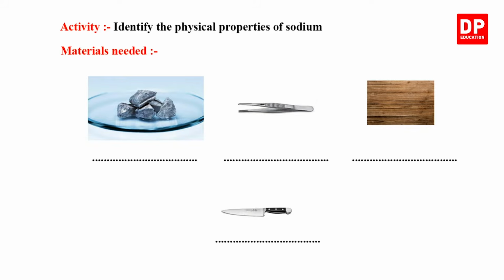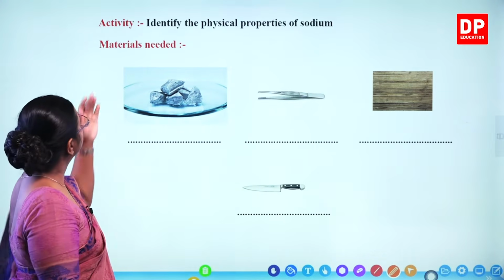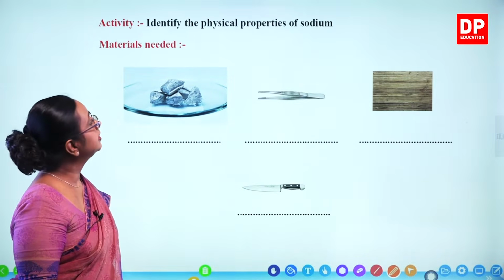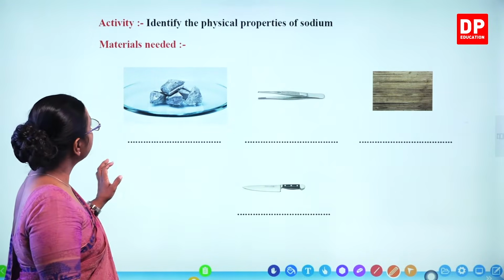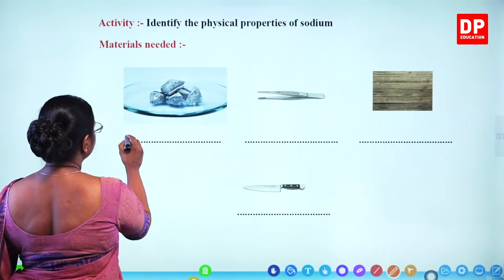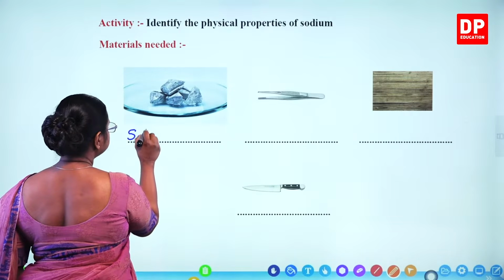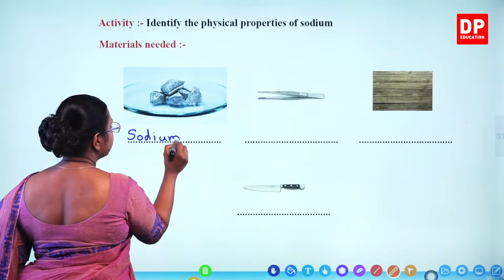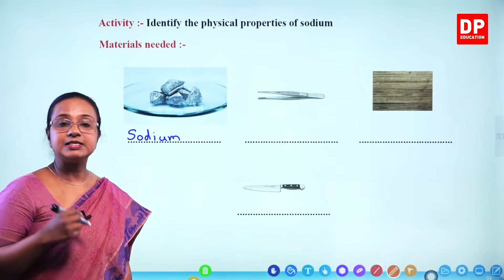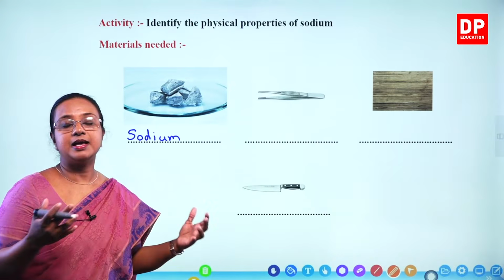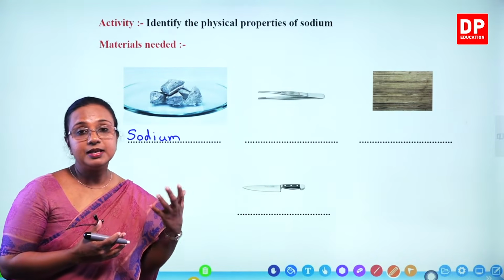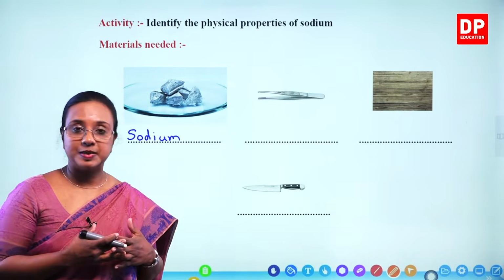To identify the physical properties of sodium, we will do this activity first. Activity: identify the physical properties of sodium. To do that, I will need the sodium metal, and as I said, sodium metal is highly reactive. Therefore, you can't keep it as metal in the lab in an open space.